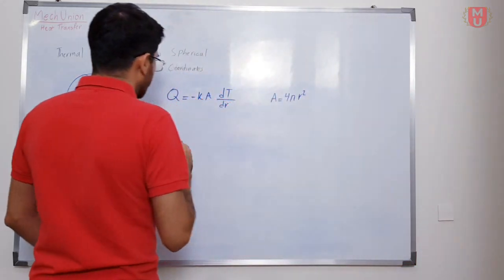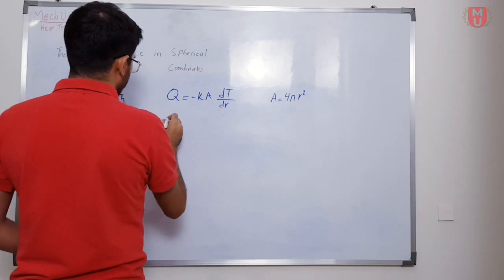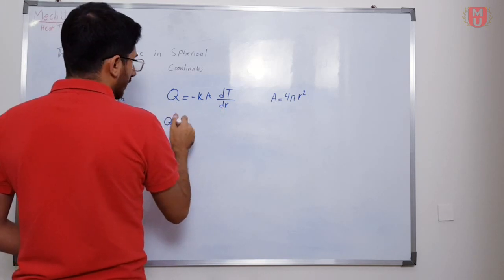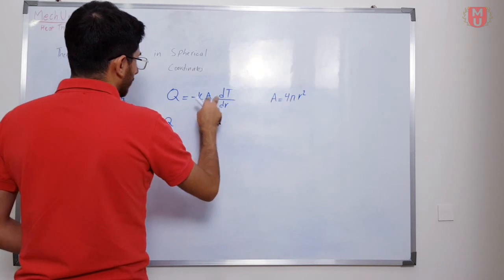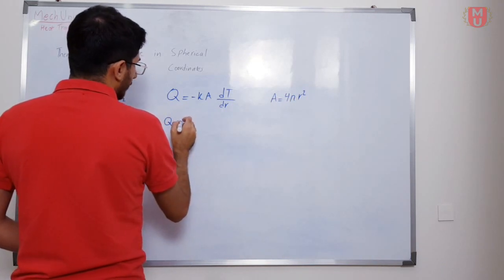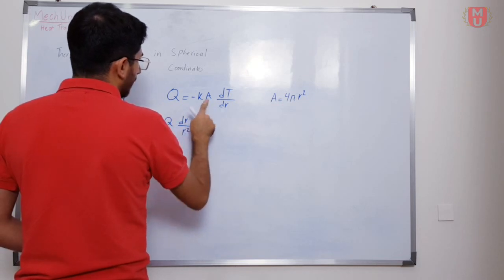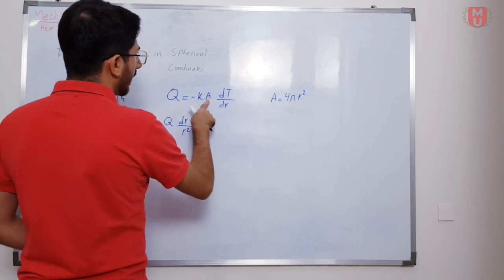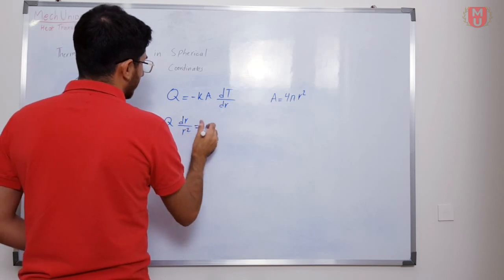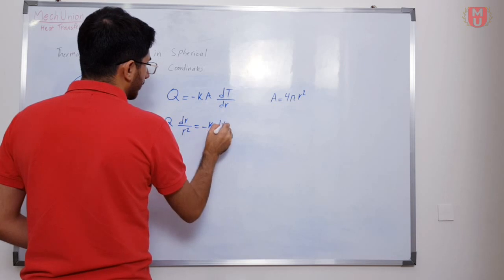By substituting and moving dr to this side and r squared to this side, q dr over r squared, A comes here, equals minus k dT.